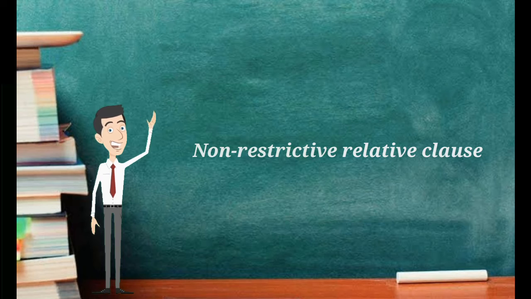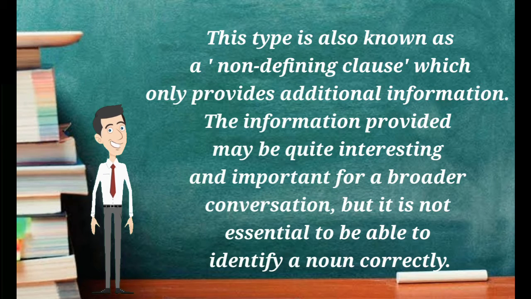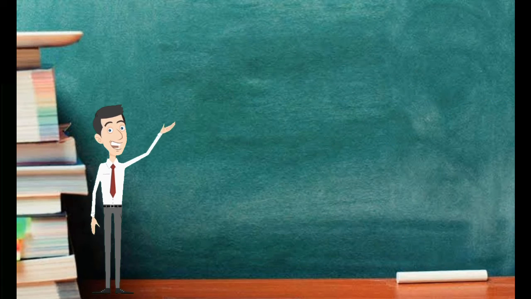Non-restrictive relative clause. This type is also known as a non-defining clause, which only provides additional information. Information provided may be quite interesting and important for a broader conversation, but it is not essential to be able to identify a noun correctly.